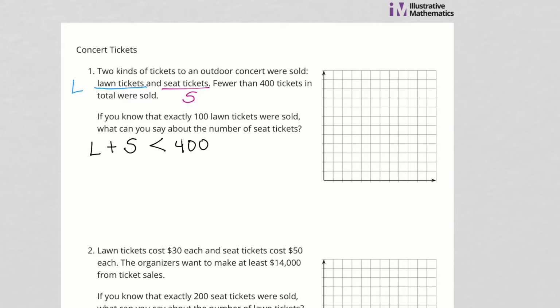Can it be equal to? No. Why not? Because it strictly says fewer than 400 tickets. Okay, so it says fewer than 400 tickets.